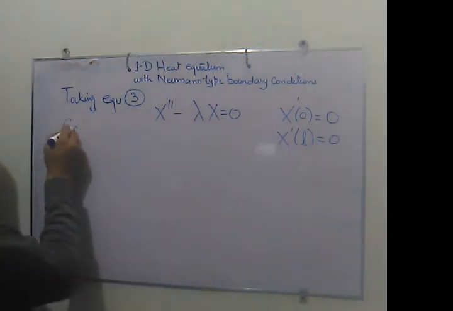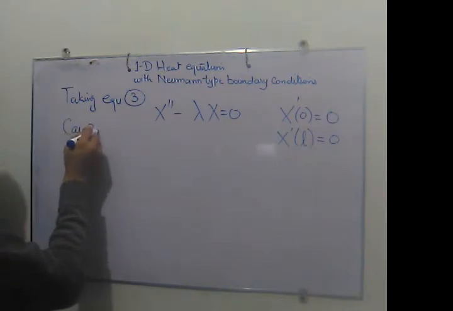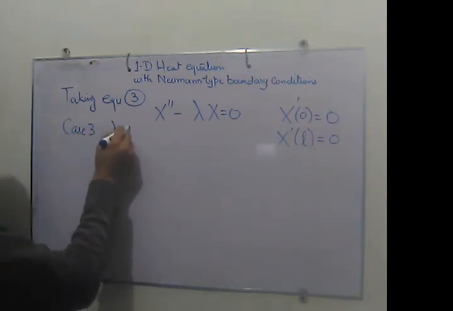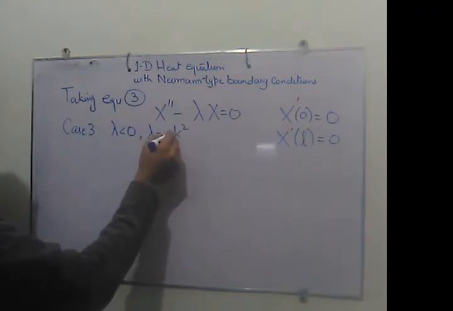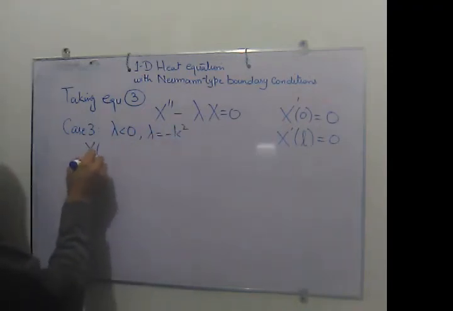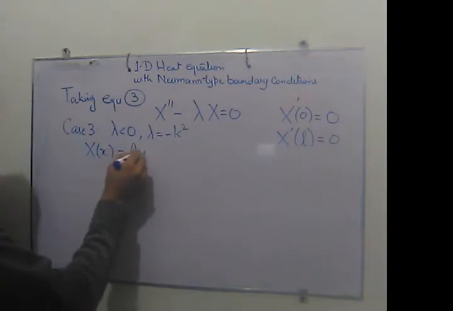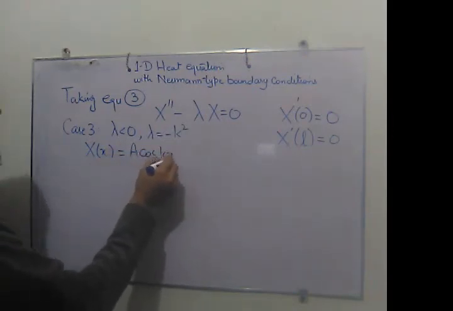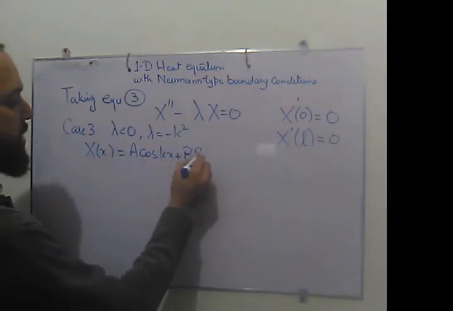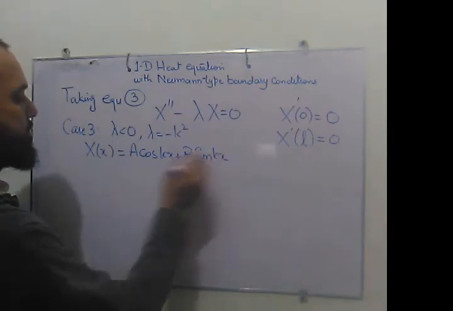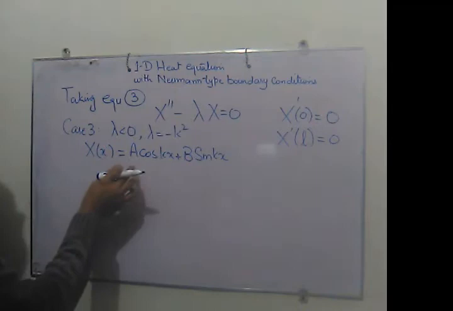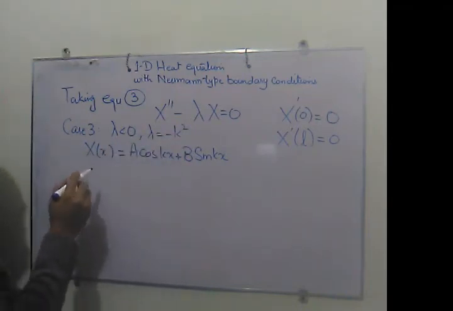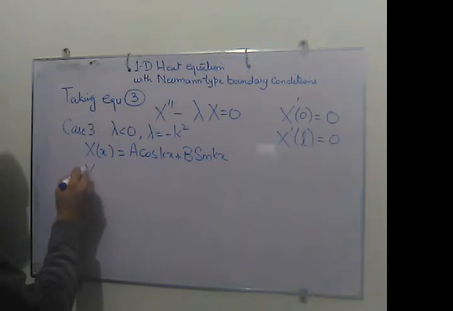So for case 3, where lambda is less than 0 or is equal to minus k square, the solution would become a cos kx plus b sin kx. We cannot apply the boundary condition in this solution because the boundary conditions are in the derivative form, so we have to take the derivative of the general solution.